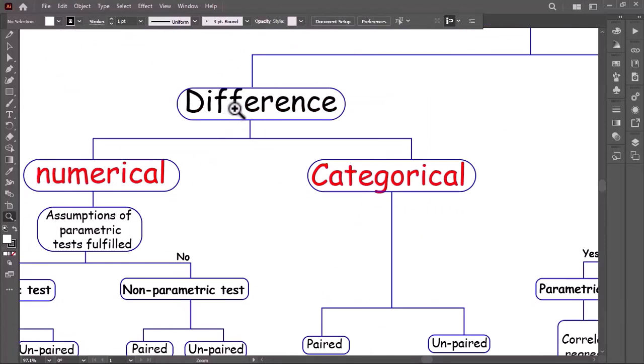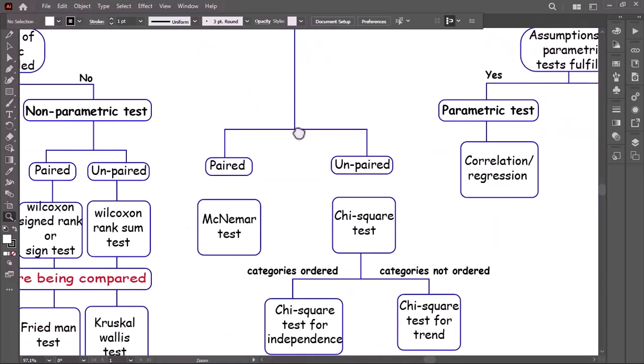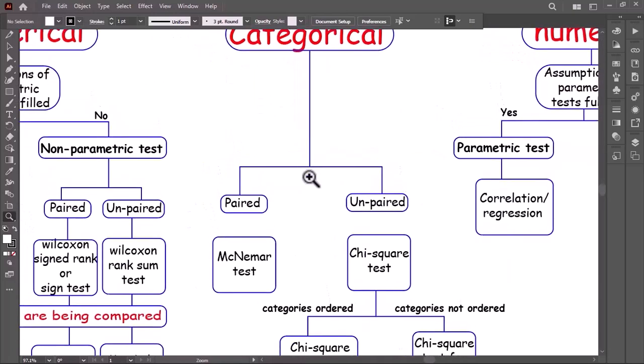If you are looking for a test that establishes a difference, and your data is numerical, what if your outcome variable was categorical? Still, you would ask yourself, is my data paired or unpaired?